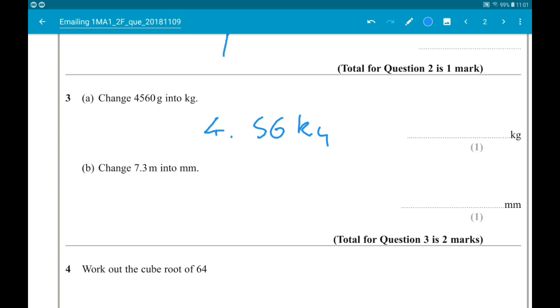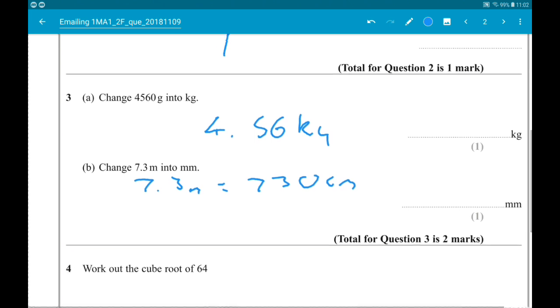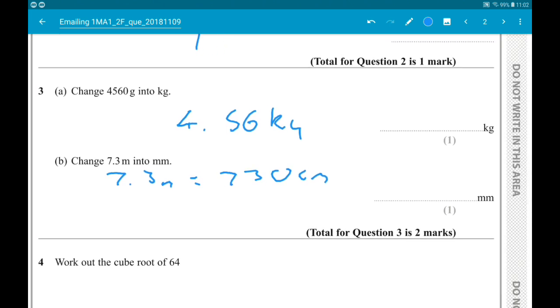So 7.3 meters is 730 centimeters. Now every centimeter is 10 millimeters, so multiply that by 10 and we get 7,300 millimeters.